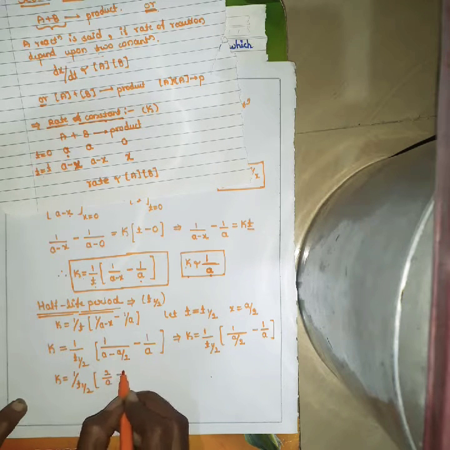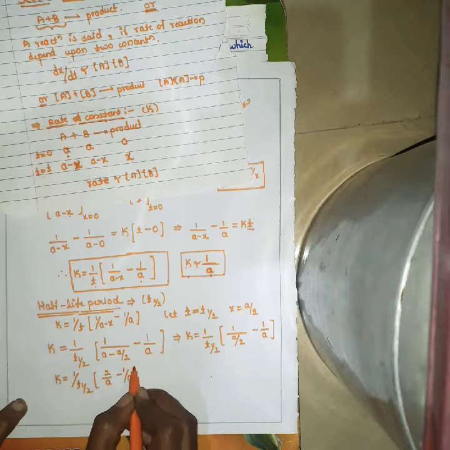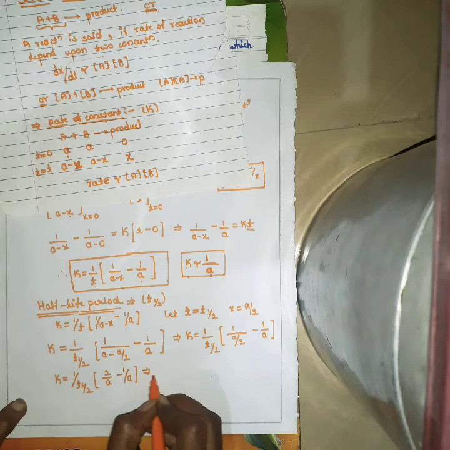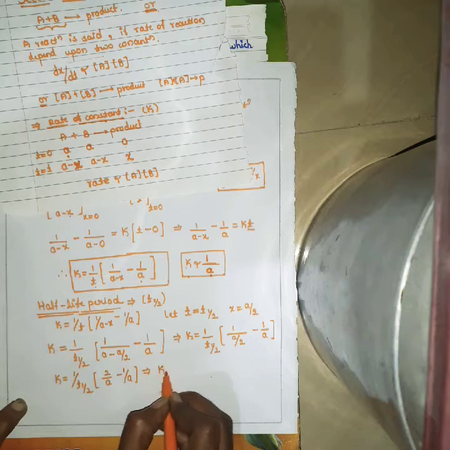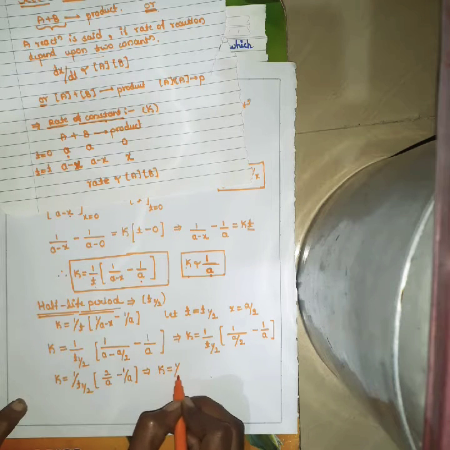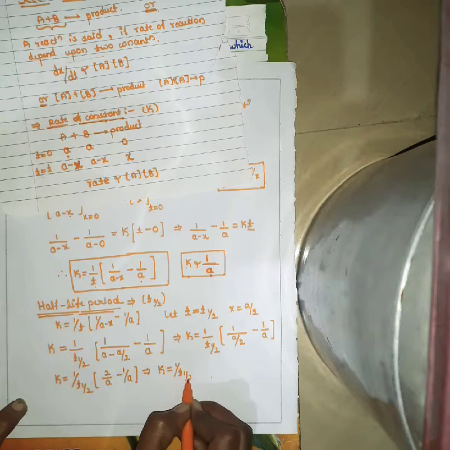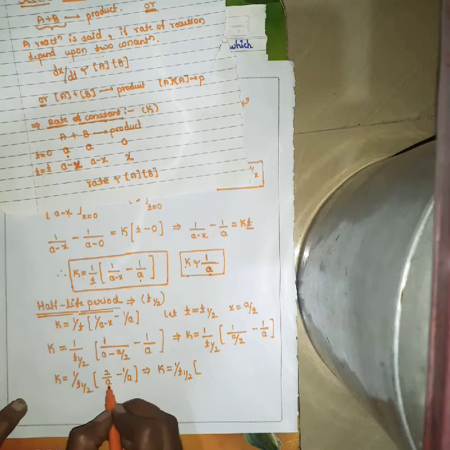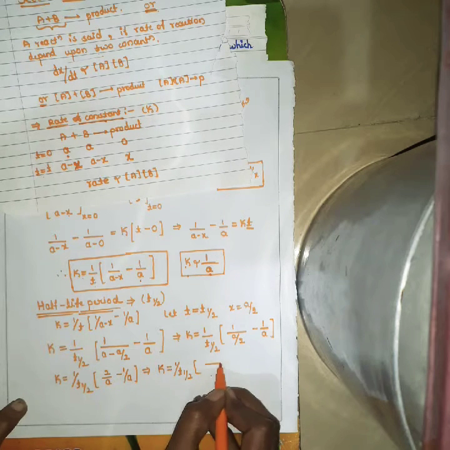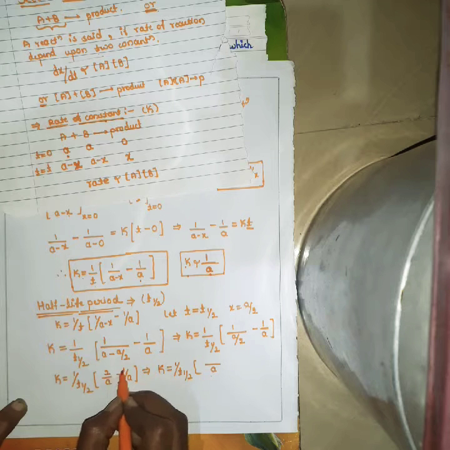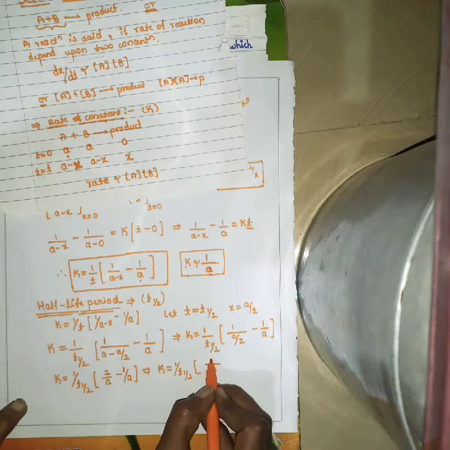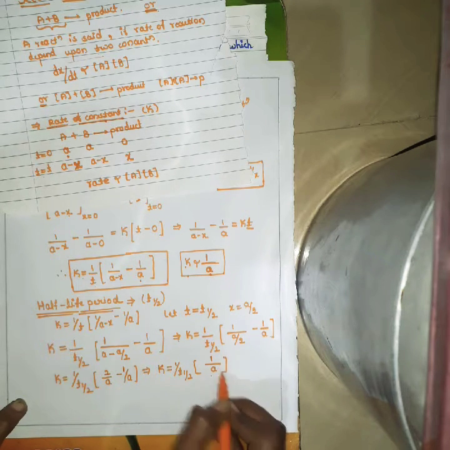So k is equal to 1 divided by t half into [2 divided by a minus 1 divided by a]. Since a is common, 2 minus 1 is 1, giving 1 divided by a.